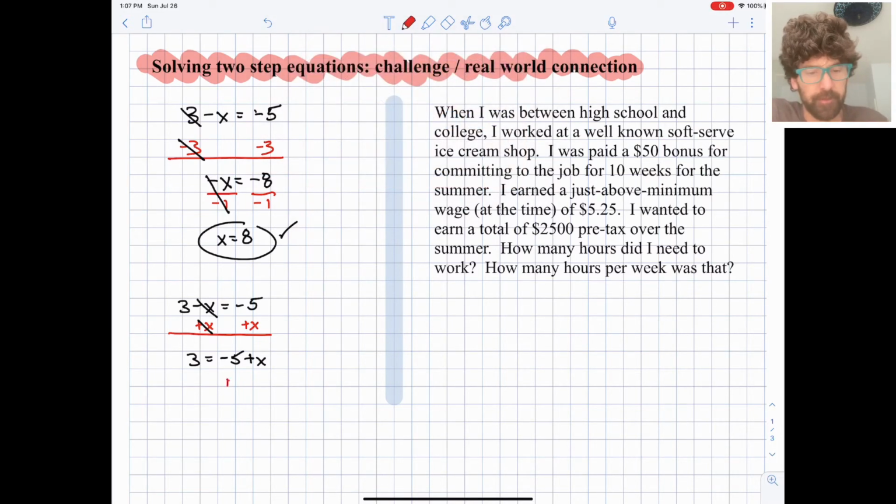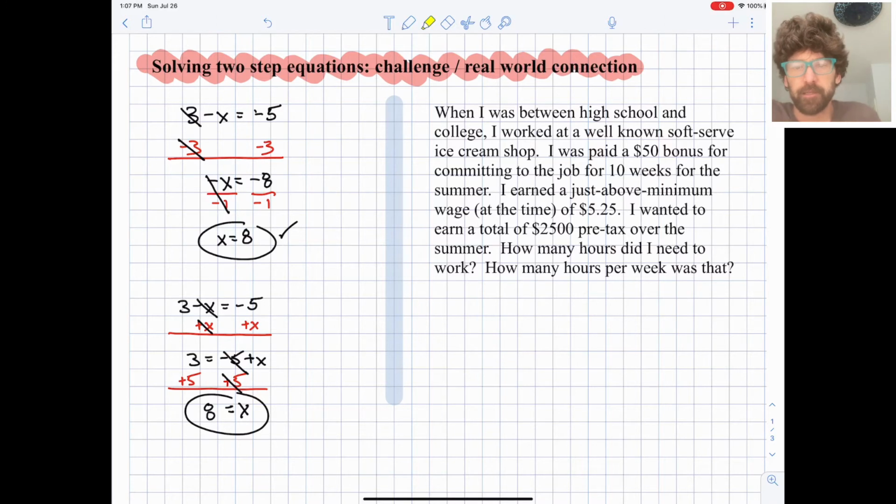And then we can add 5 to both sides. This -5 and +5 cancel. We have an x remaining on the right side. 3 plus 5 is 8. So we get the same answer through a slightly different process, and you can decide which one might be the route that you want to choose.